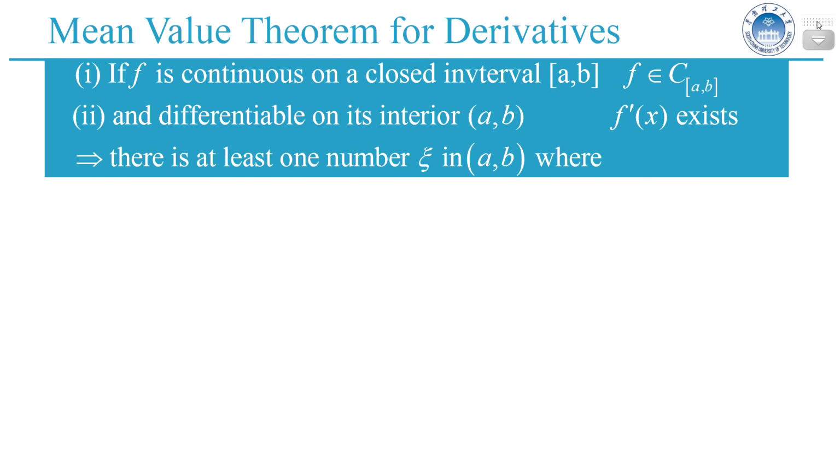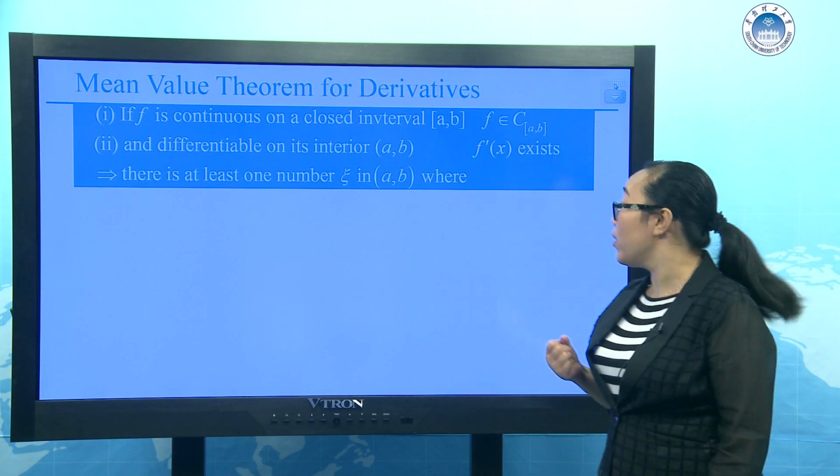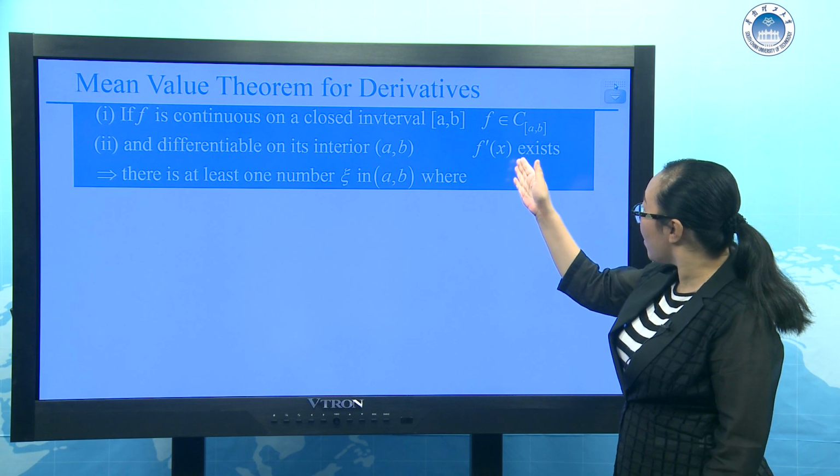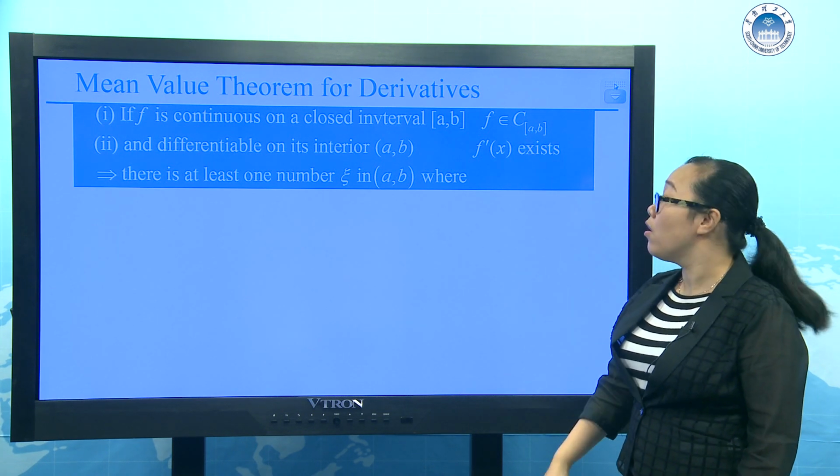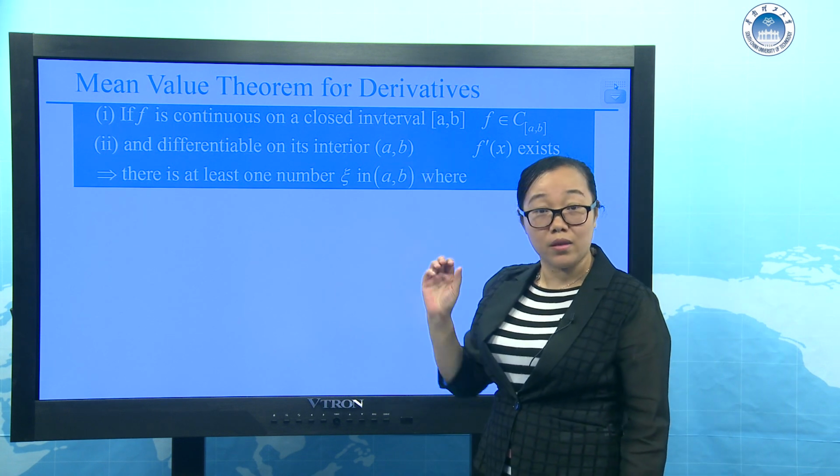Look at condition 2. And f is differentiable on its interior, little a and little b, meaning the open interval. Sometimes for condition 2, we say f prime of x exists on the interior from a to b.